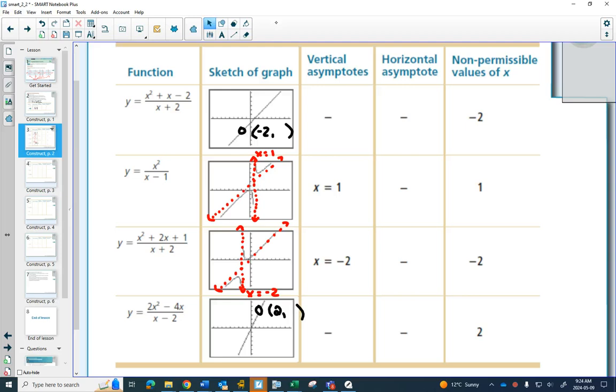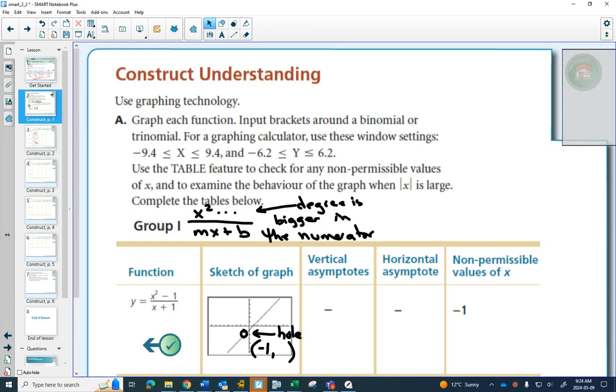Alright, is everybody done drawing all the graphs? So I want to make some notes of some observations. I want you to notice that in group 1, if the degree is bigger in the top, you will not have any horizontal asymptotes.